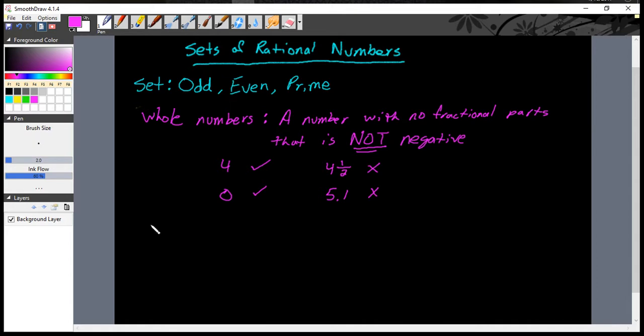And the last group we're going to talk about today is counting numbers, which are also sometimes called natural numbers. They have no fractional parts and are positive.